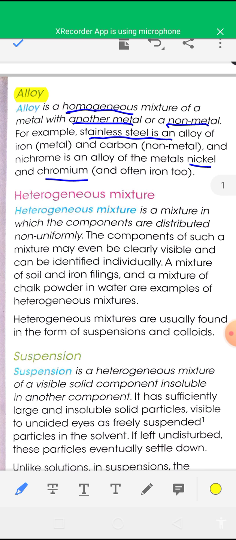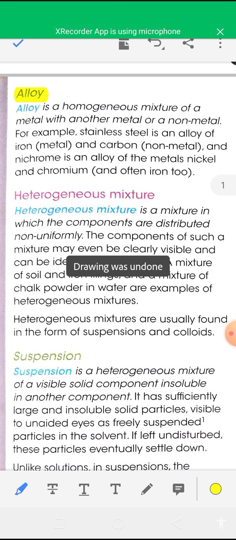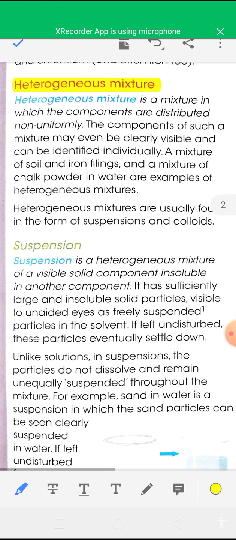Next type of mixture is heterogeneous mixture. So what is a heterogeneous mixture? It is a mixture in which the components are distributed non-uniformly, meaning not equally mixed throughout the mixture.